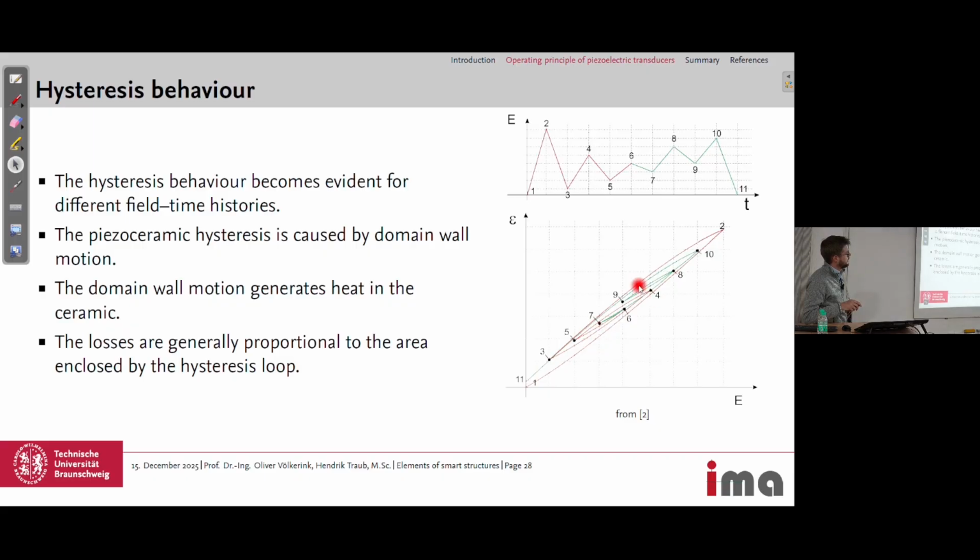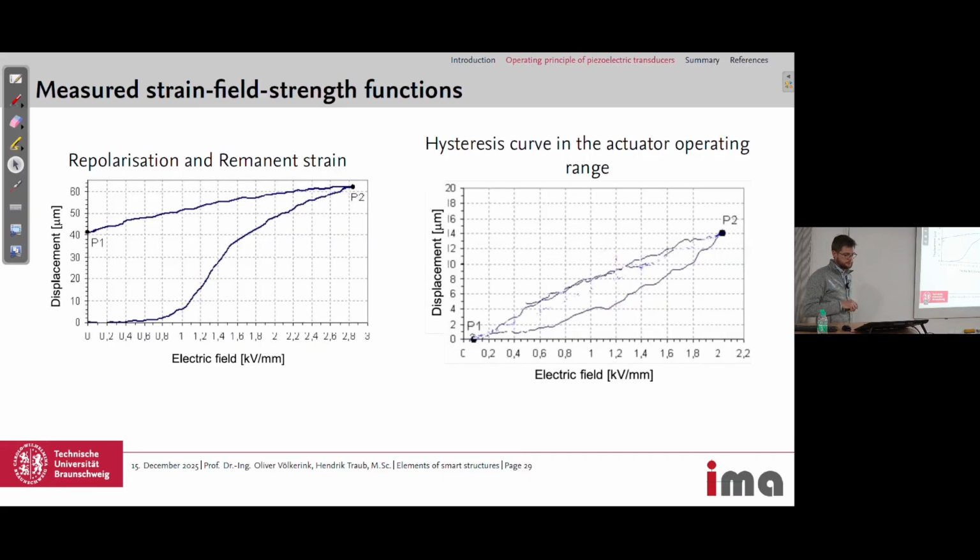We are here and remove it again, and so on. In the end, we are coming back to the origin. And it's caused by the domain wall motion. One cause is the domain wall motion, which generates heat in the ceramic, so it heats up, and this generates loss. So we do not have a 100% transduction of the energies.